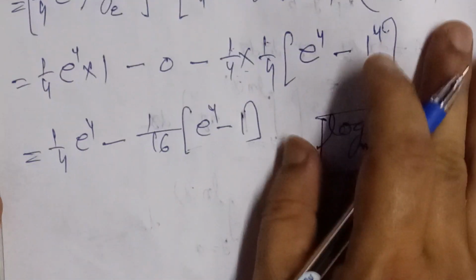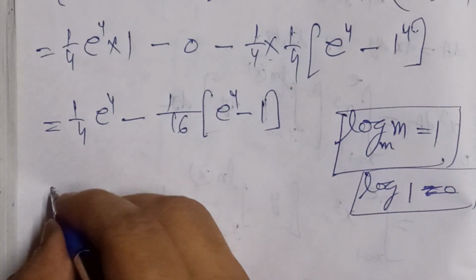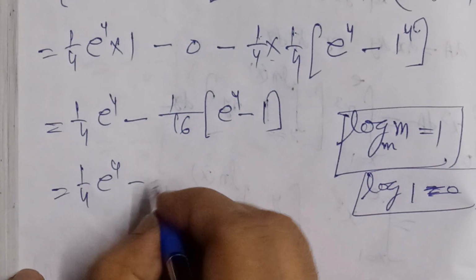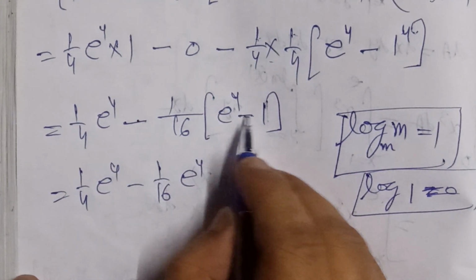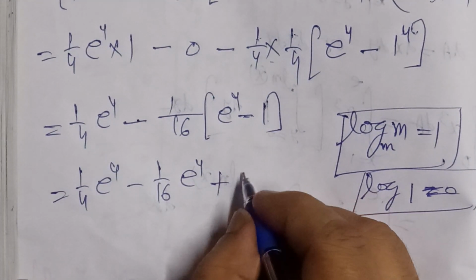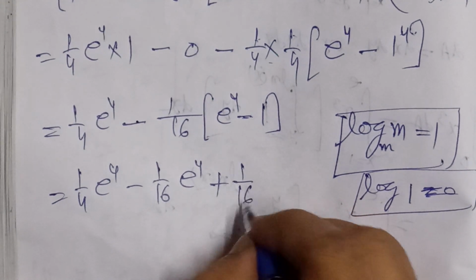On opening this bracket, we can write it as 1 upon 16 e to the power 4. The minus sign changes, so it becomes plus 1 upon 16 into 1.